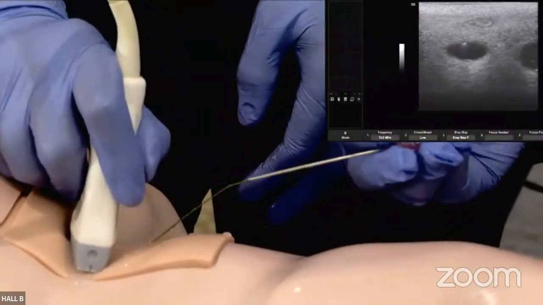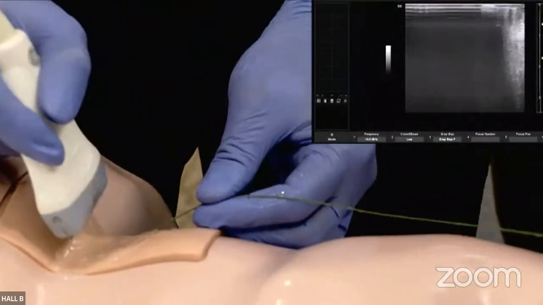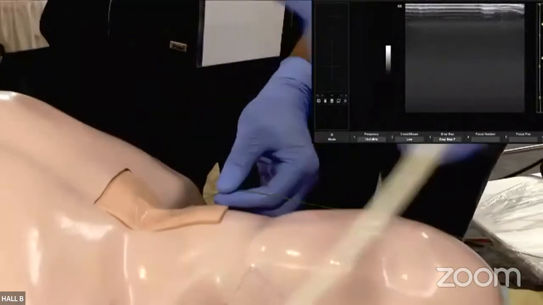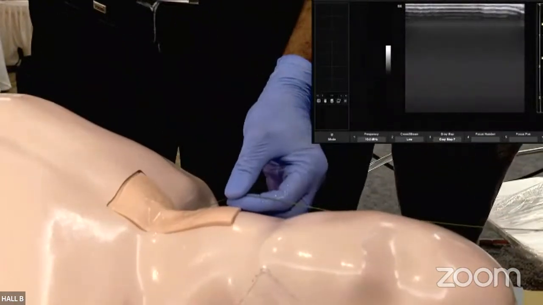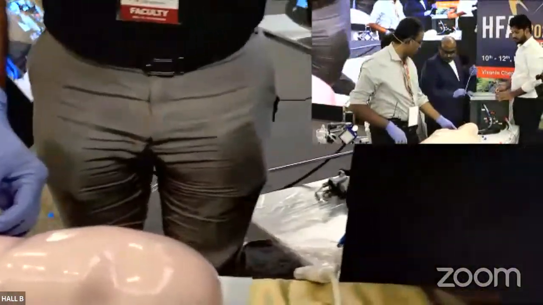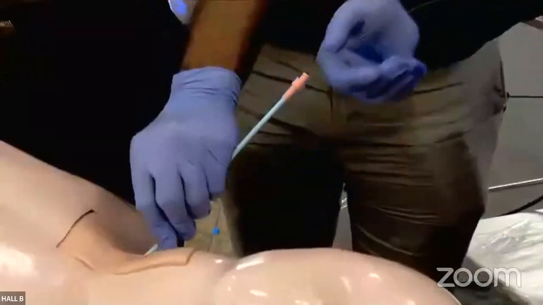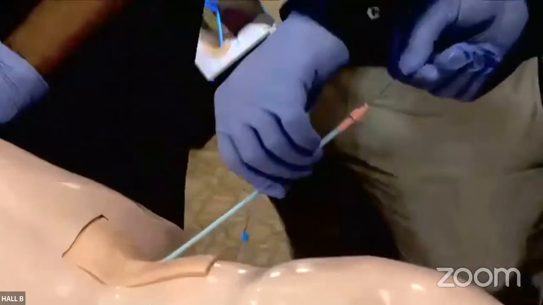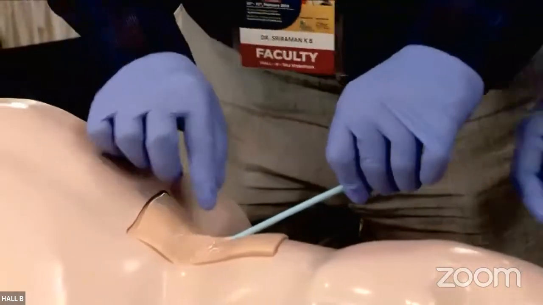There's a guide in the vein. As usual, we serially dilate and then insert the cannula.